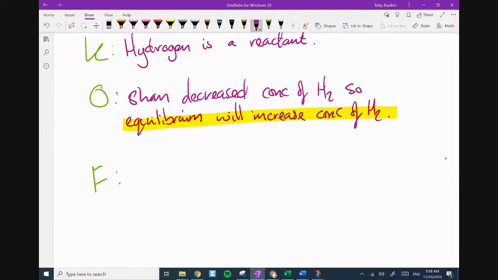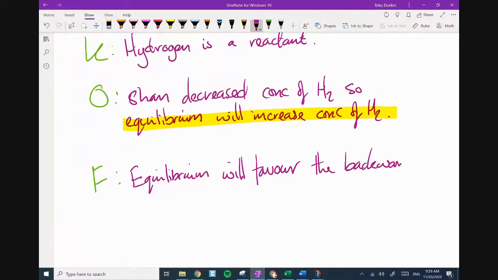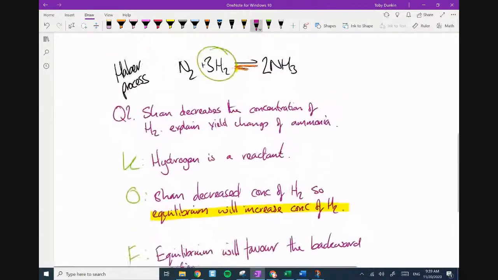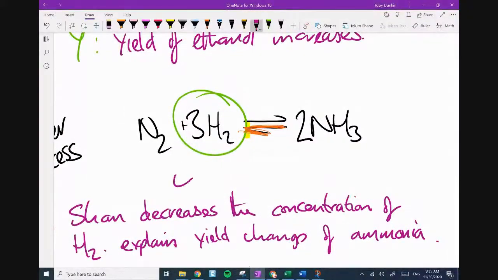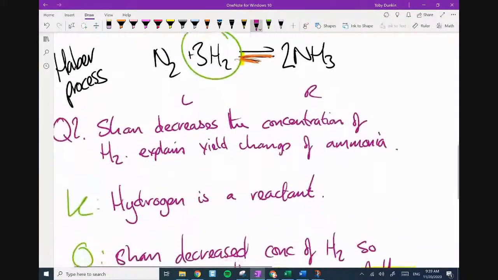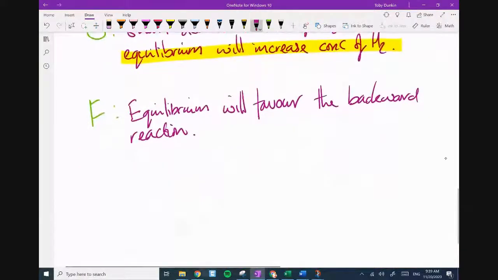So the equilibrium will favor the backward reaction. Right, so if it favors the backward reaction, it shifts from right to left.